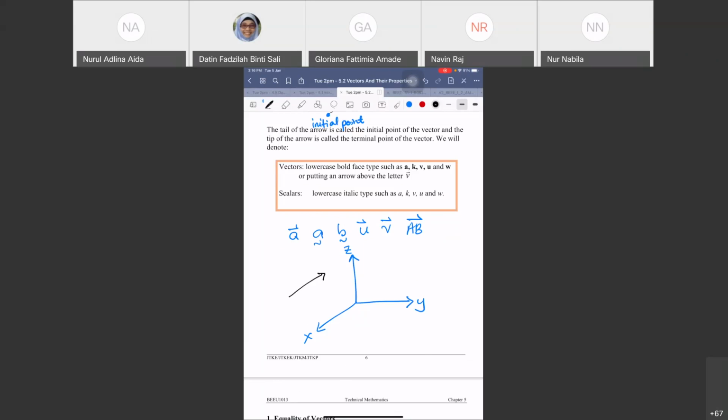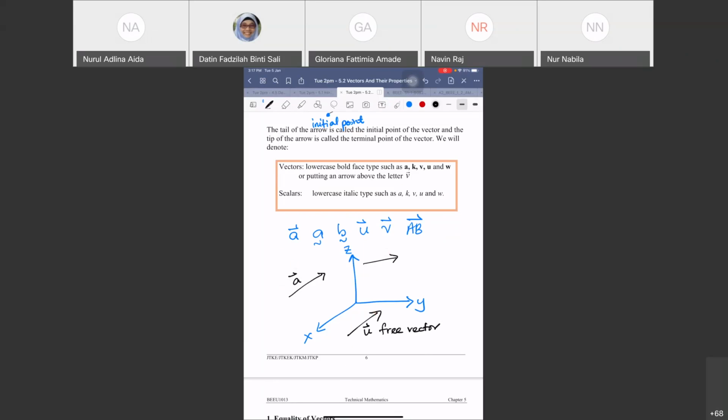This is one vector, this is a vector, this is a vector. Maybe we can denote this as vector A, or this as vector U, something like that. And all these vectors, sometimes you will see that they call it a free vector.